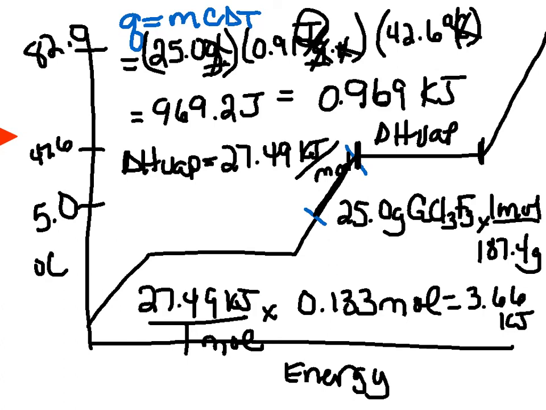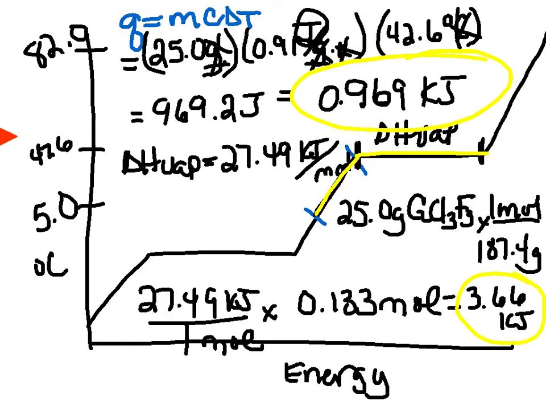So our first section to go from here to here required 0.969 kilojoules. Our second section, which took us through the phase change, required 3.66 kilojoules.